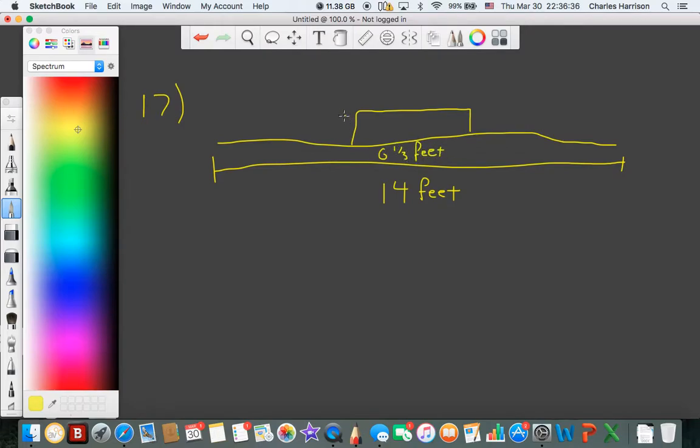And then we have these end tables like so here, and another end table like so here, and each end table is 2 1/8 feet. Obviously, this is not to scale. It's not a very good drawing, but this just kind of gives us a picture of what we're looking at, right? This kind of helps us understand what's going on.